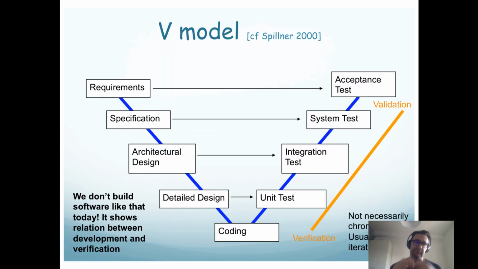When we talk about different levels, the classic process model for different levels of testing is a V model like this. This is from 2000, but it's much older than this. And the idea with a V model is that at the base of the V, you have the coding, so the development of the actual source code.